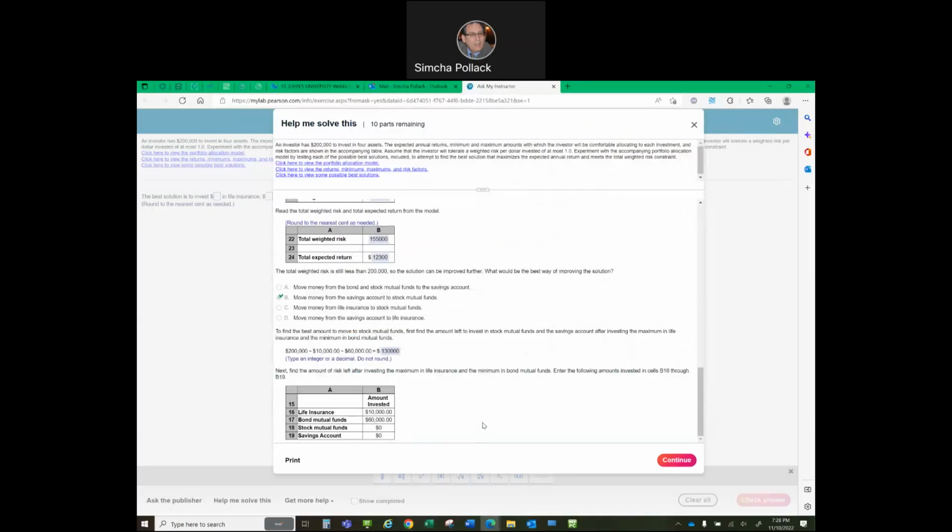Here, I'm getting lost. They find the amount of risk left after investing the maximum in life insurance and the minimum in bond total funds.